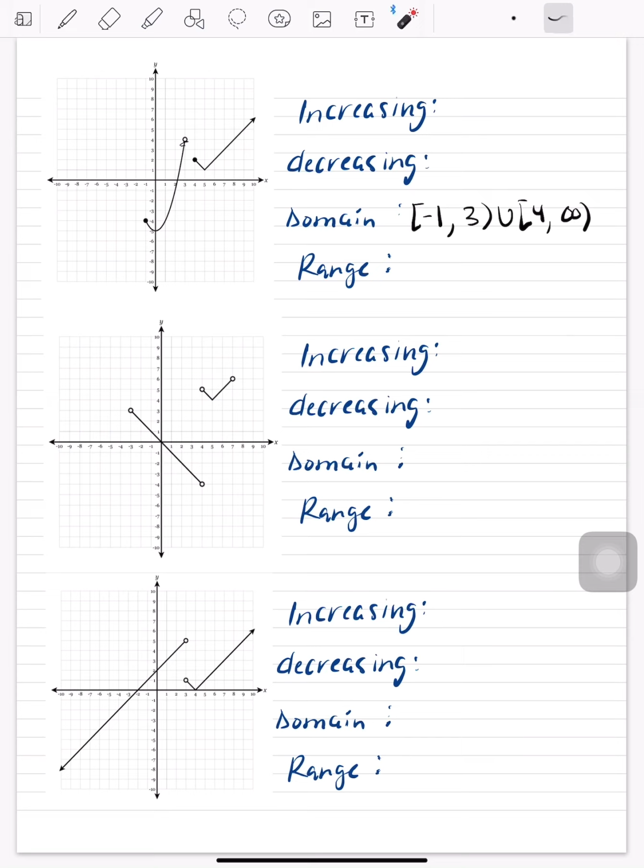Your range, once again, we read bottom up. And so you ask yourself, hey, where does my graph start? It starts at -5. It does not start at the circle. Oftentimes we look at the circle and think that's where it starts. No, -5 is where it starts. So we have -5 bracket because it's part of the graph. There's no open circle at the bottom. And it goes up where? Well, this is what I do: I ask, does my graph exist there?